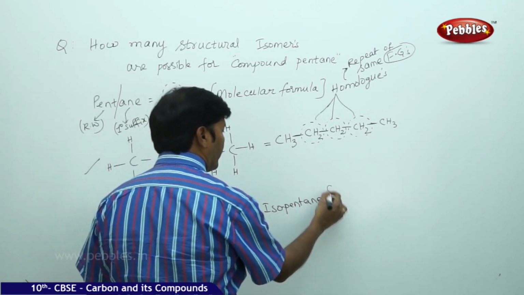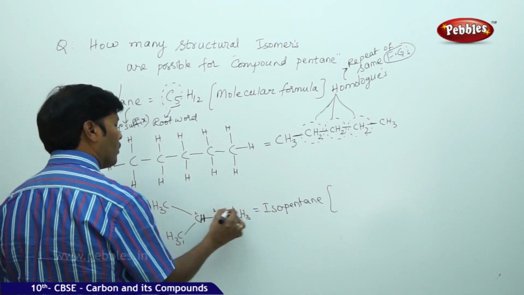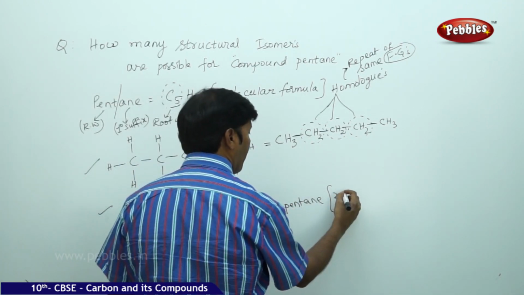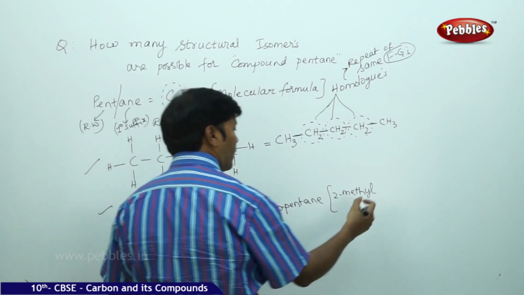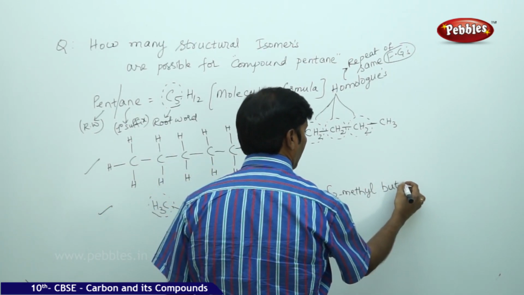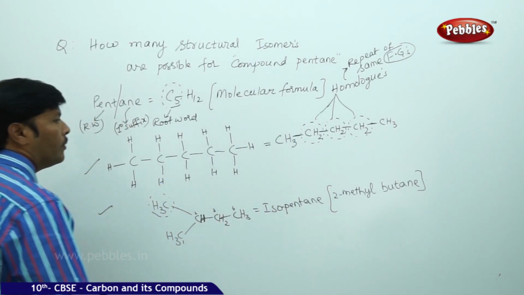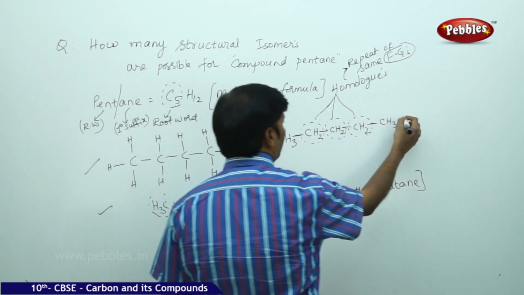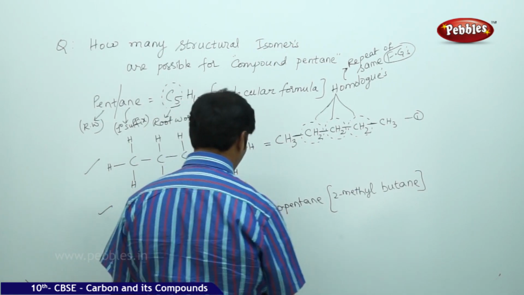To write the IUPAC name, take the longest chain, 1, 2, 3, 4. This is going to become the substituent. So therefore 2-methyl butane. This is the first structural isomer, and this is the second structural isomer.